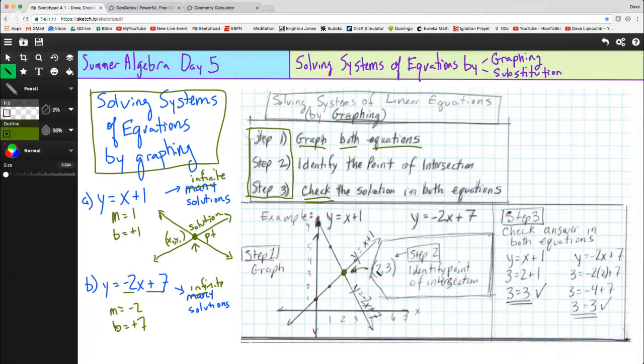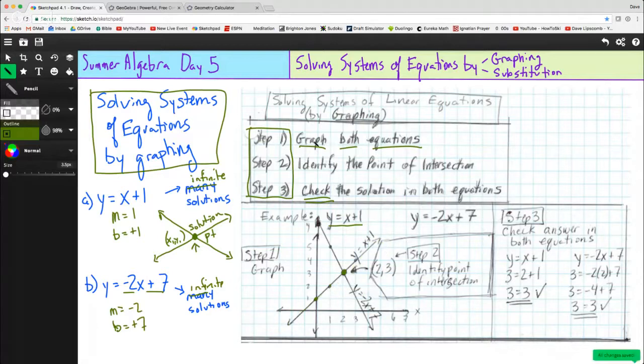I've worked through the example completely right now, so you can see where we're going, but we're going to do two solutions from scratch on the next two slides. In this case, you know how to graph y equals x plus 1. You find the y-intercept, plot your slope, and draw your line.